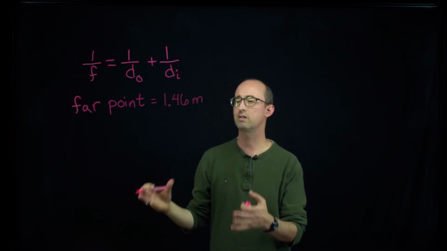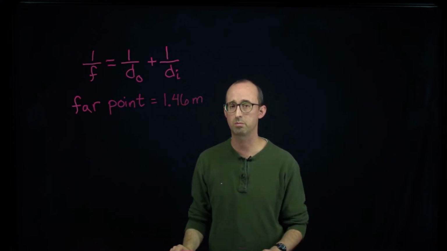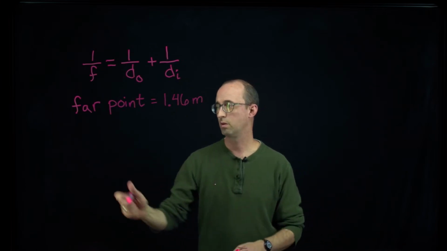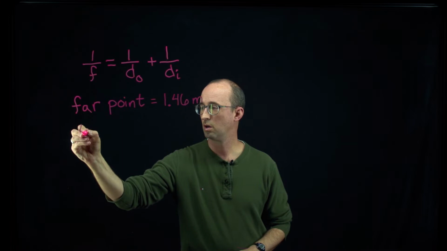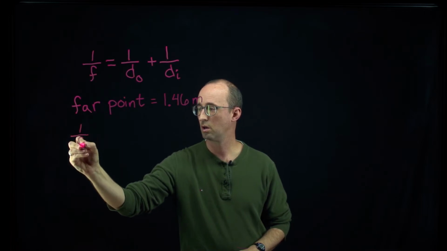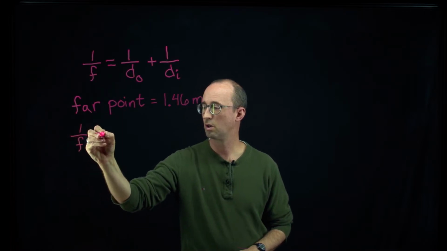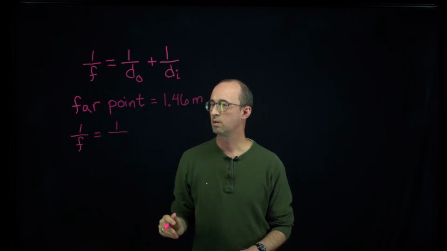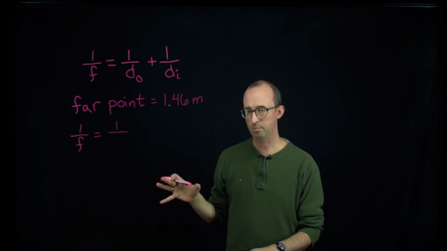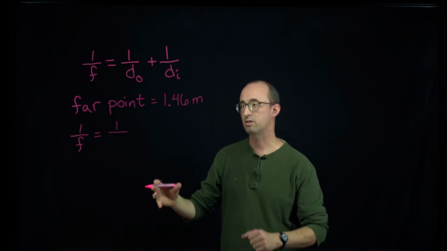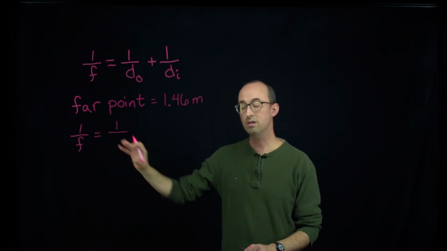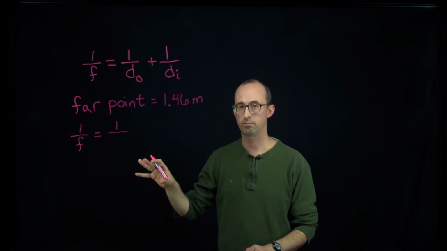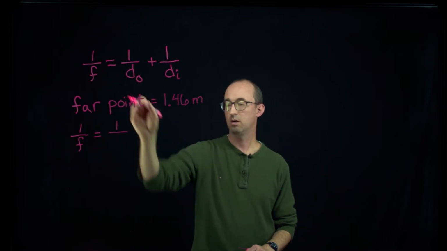So just pretending we've got somebody whose far point is 1.46 meters, what kind of lens would they need to fix their vision? What we want, so that their vision is fixed, is for objects that are an infinite distance away to appear at their far point. So the first part here is the object distance.